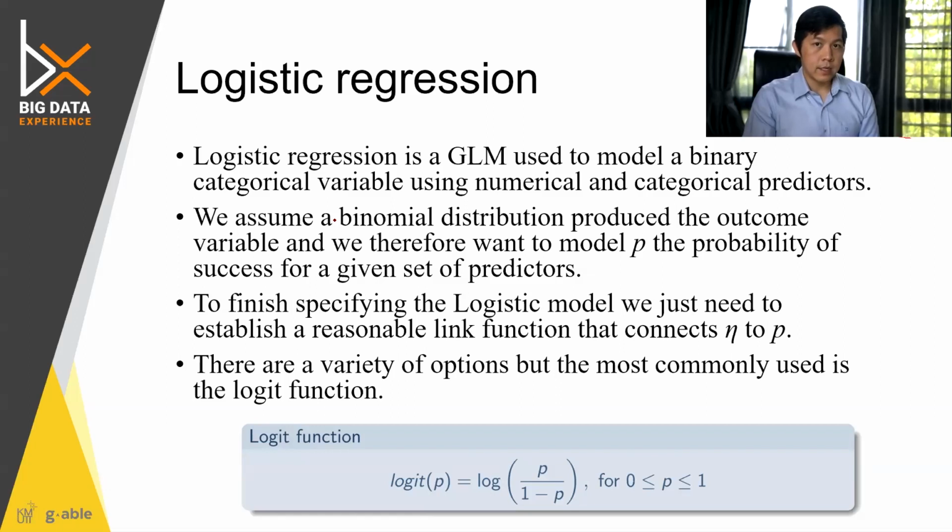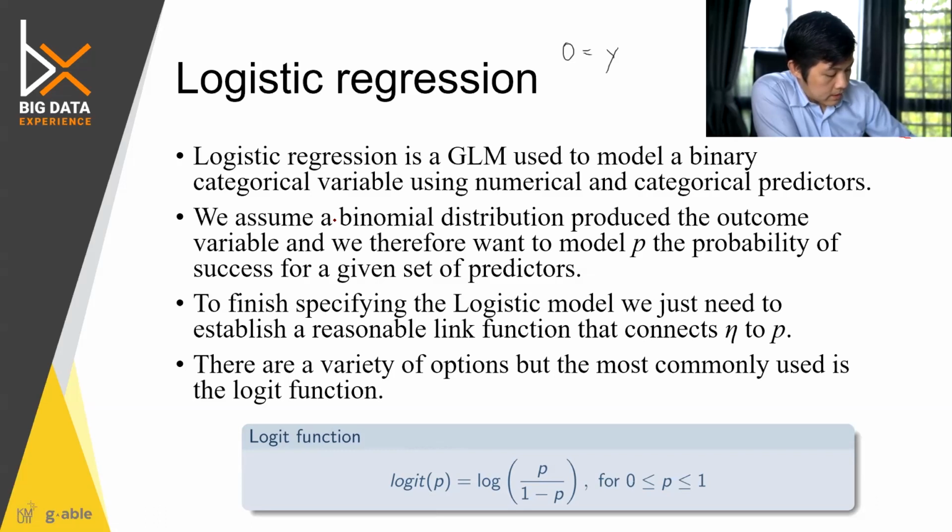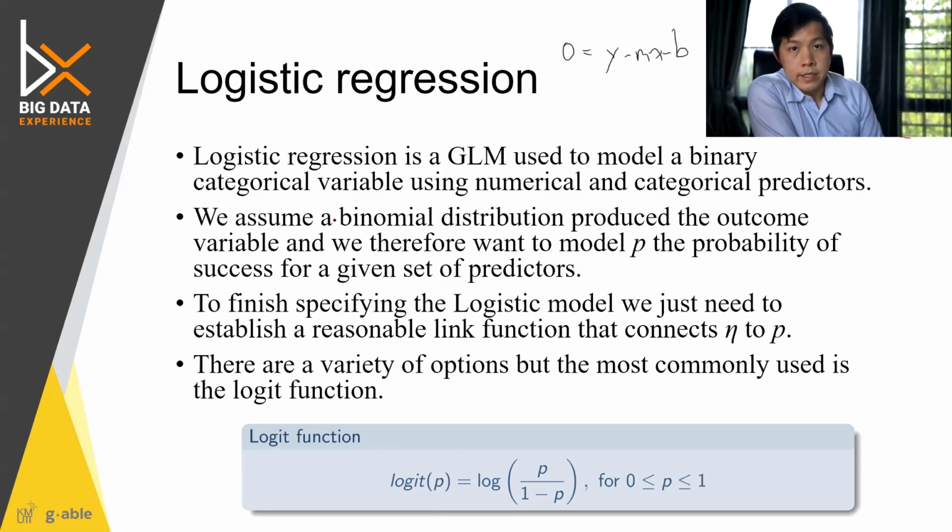But if the point is under the line, what would happen? If we move the terms, we would have f(x) equals y minus mx minus b. This is the case where the point is on the line.